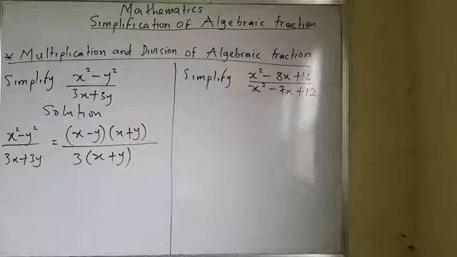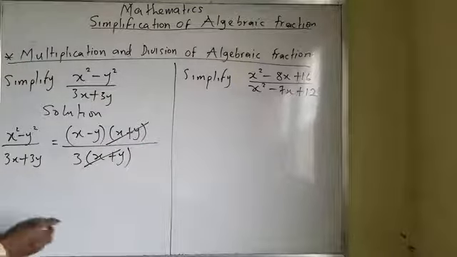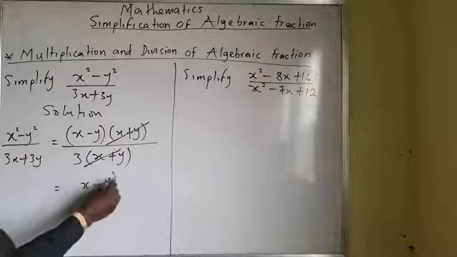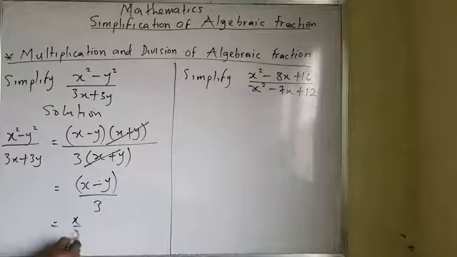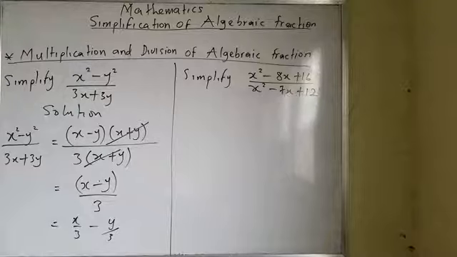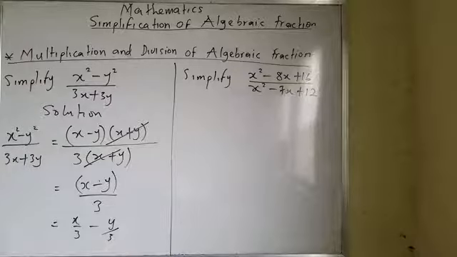Now, you can see that this will cancel this without any problem. Since it is like that, I can now write x minus y divided by 3. Which I can also write as x all over 3 minus y all over 3. Any one that is convenient for me. That is your answer. You can't do beyond that. Because I'm asked to simplify to the minimum, you can't do anything again.